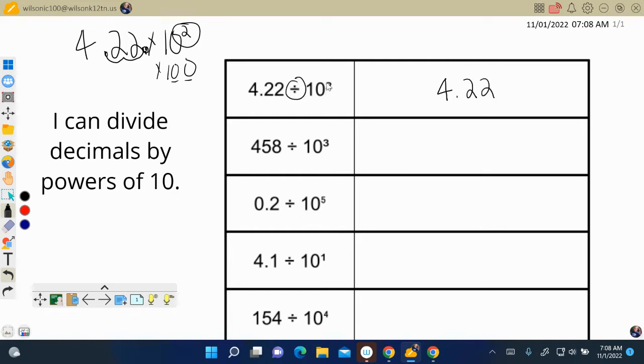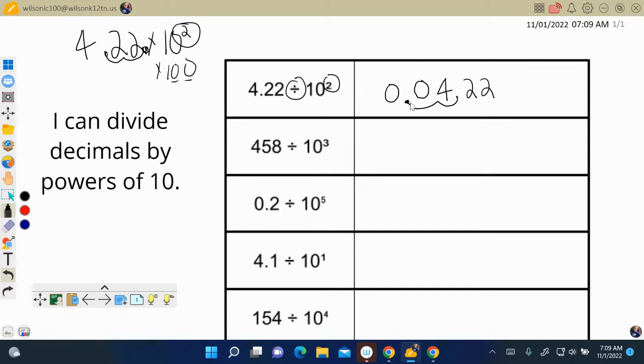Now we've got divided by 10 to the second power. So we're going to put our pencil on that decimal, and we're going to move to the left 2 swoops. 1, 2 swoops, redraw that decimal point. And you know we have to fill in our swoop blanks with a 0.